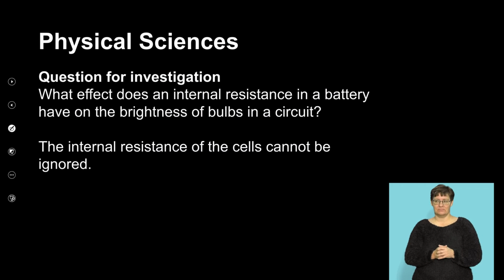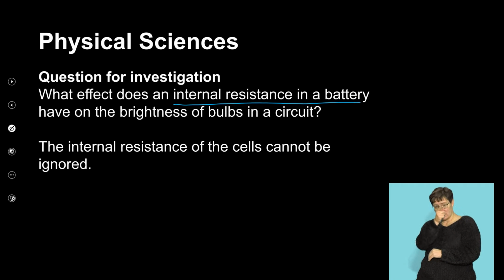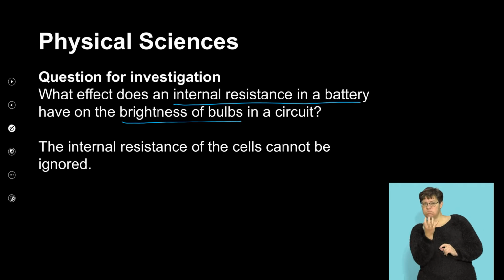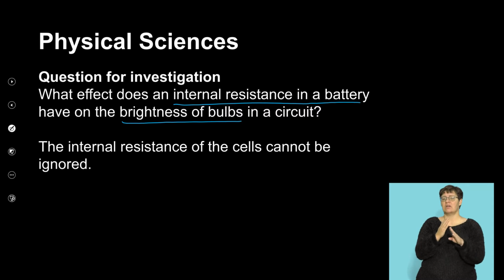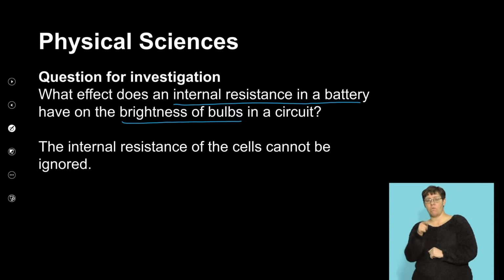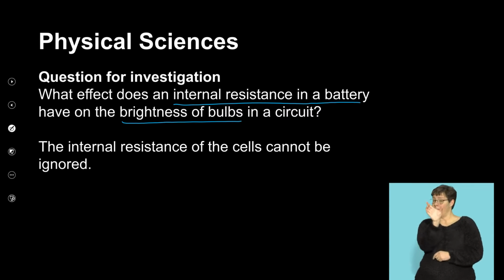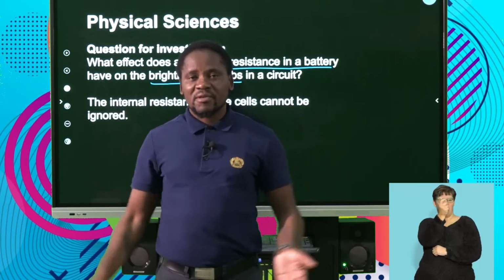Right. Now, the question that we want to focus our attention on is: what effect does an internal resistance in a battery have on the brightness of light bulbs in a circuit? So the internal resistance of the battery now will not be ignored. What does that mean? We are saying that the battery has some EMF.